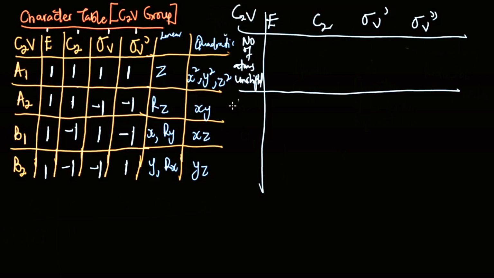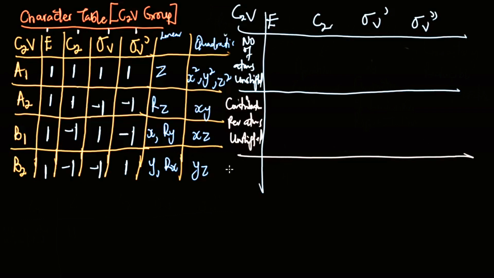The next one is the contribution per atom unshifted. This will give us the character of the reducible representation, which is basically chi R. That's what we are looking for here.